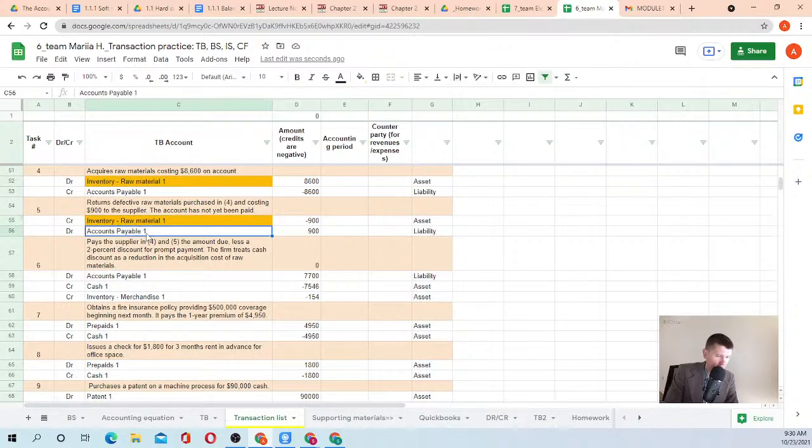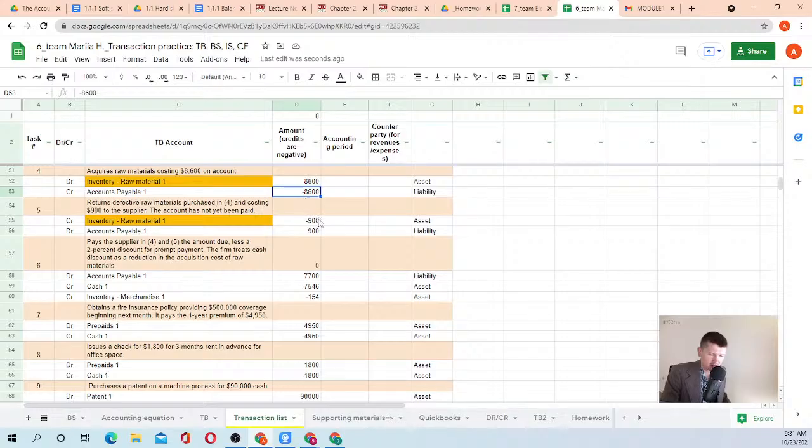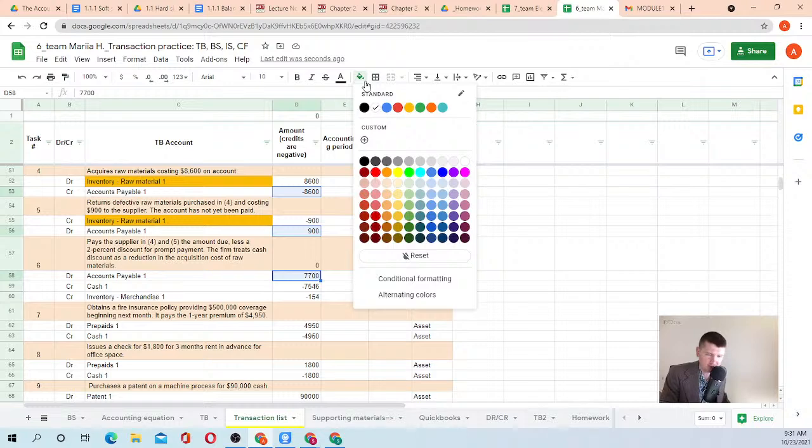Okay, accounts payable. That's right, we reverse the accounts payable, so that will be a debit, a decrease in liability. We paid the supplier. That's right, we paid $7,700. I will highlight these three numbers. They all go to zero because we got accounts payable and we paid them.